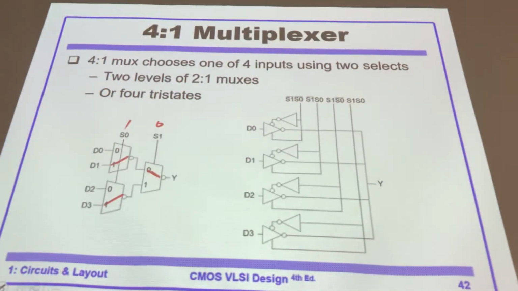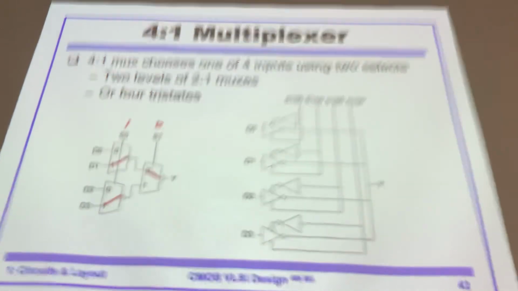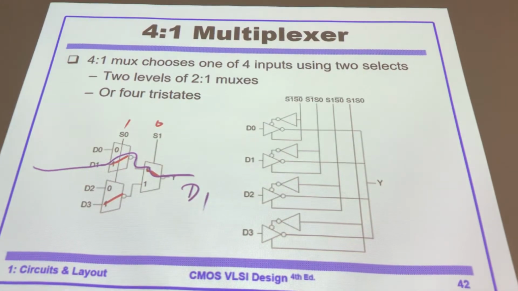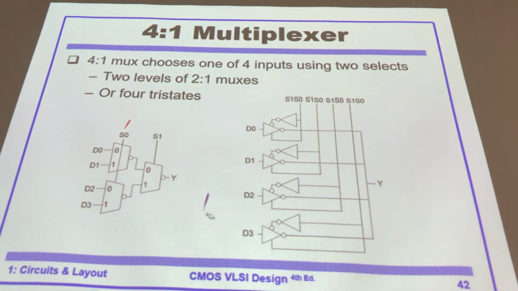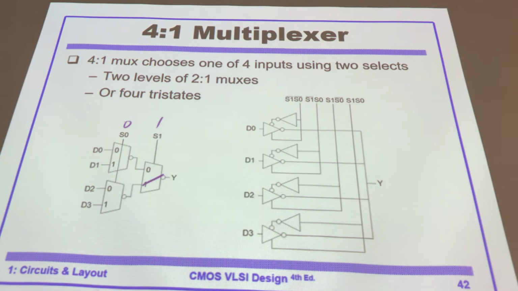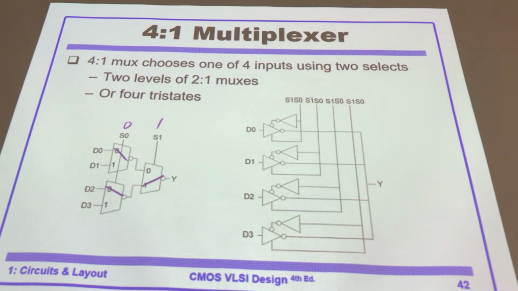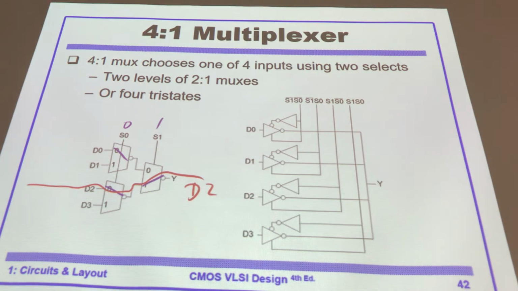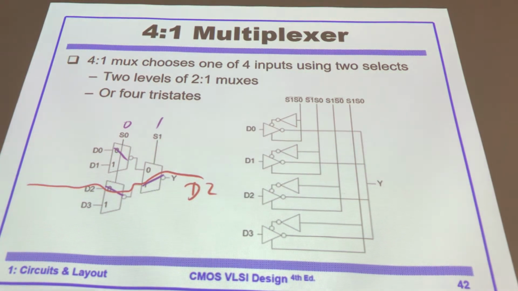So the path becomes 1 to 1. Therefore, input 1 0, then 1. This condition, then you are getting D2. Finally, 1 1.